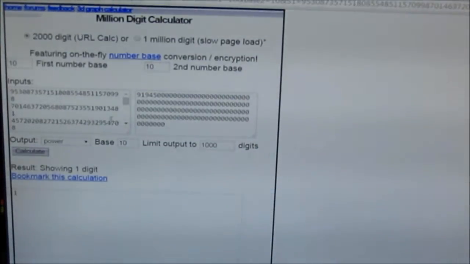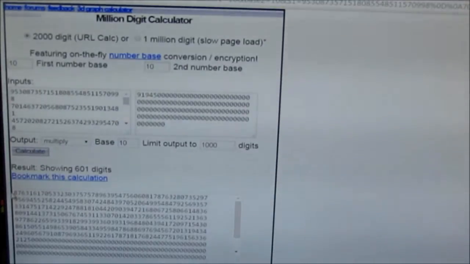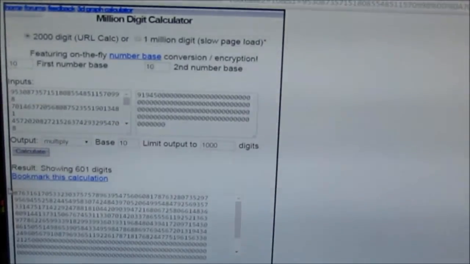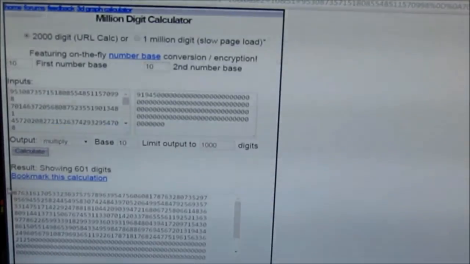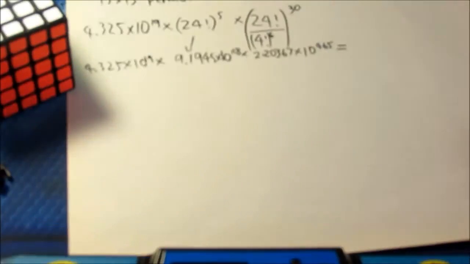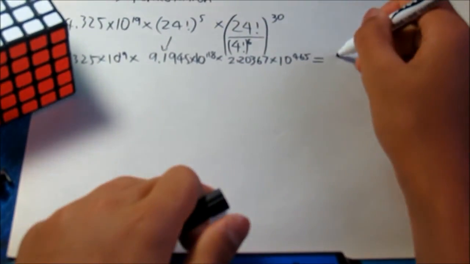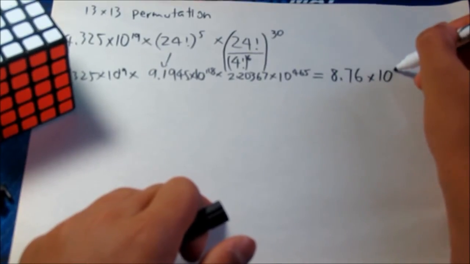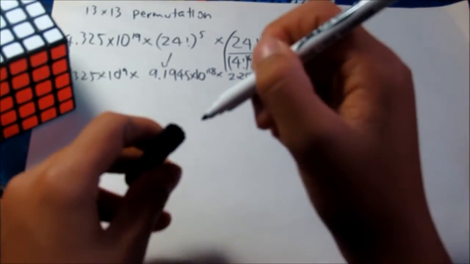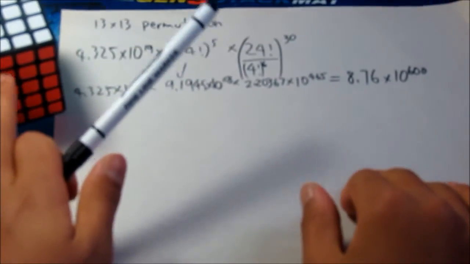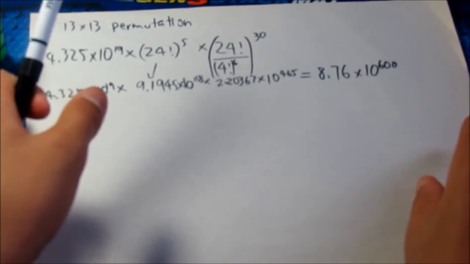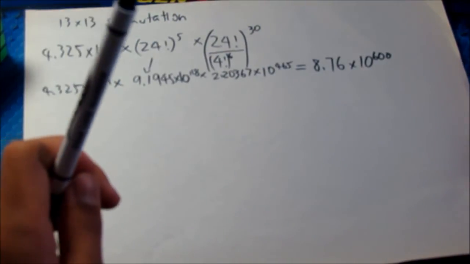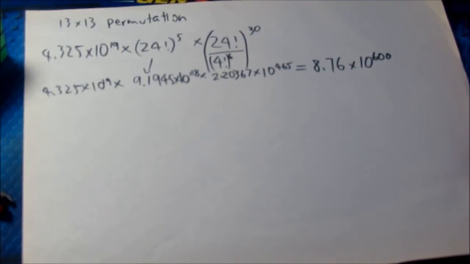So you take that, multiply by that, and it gives you 8.76 times 10 to the 600. So just imagine how big that number is. That's for a new video. So yeah, this is the total possible 13 by 13 permutations.